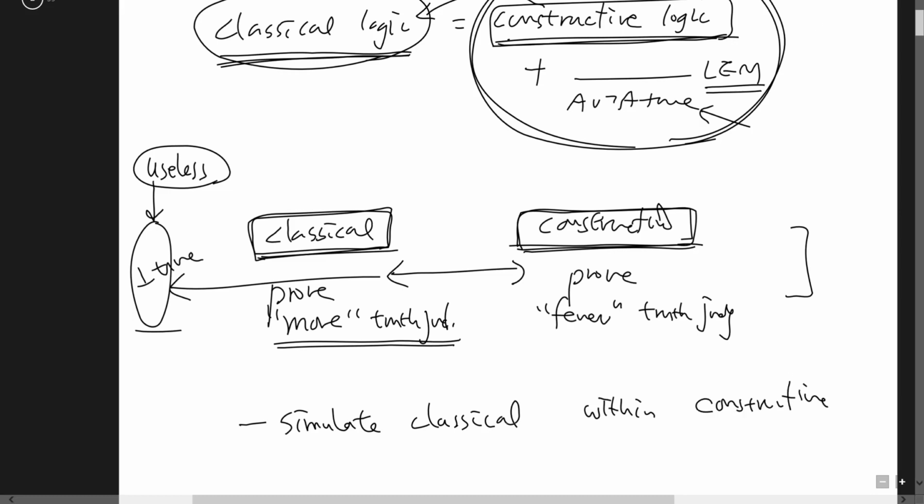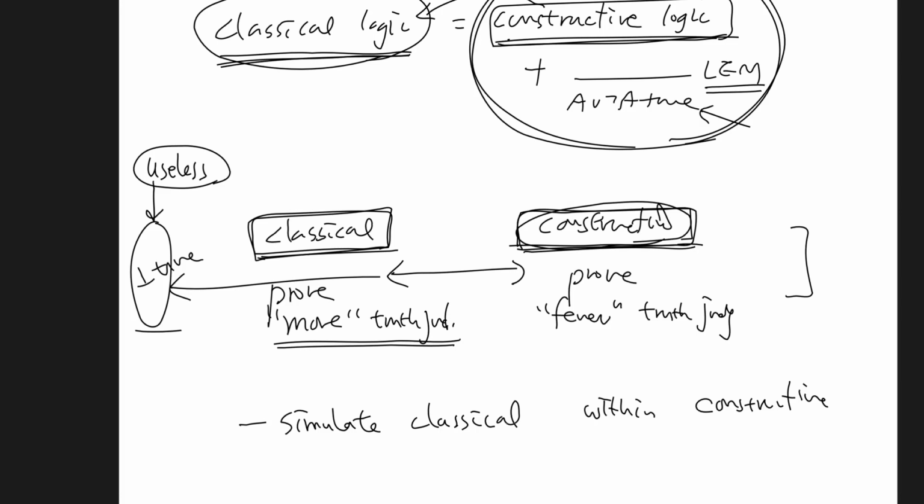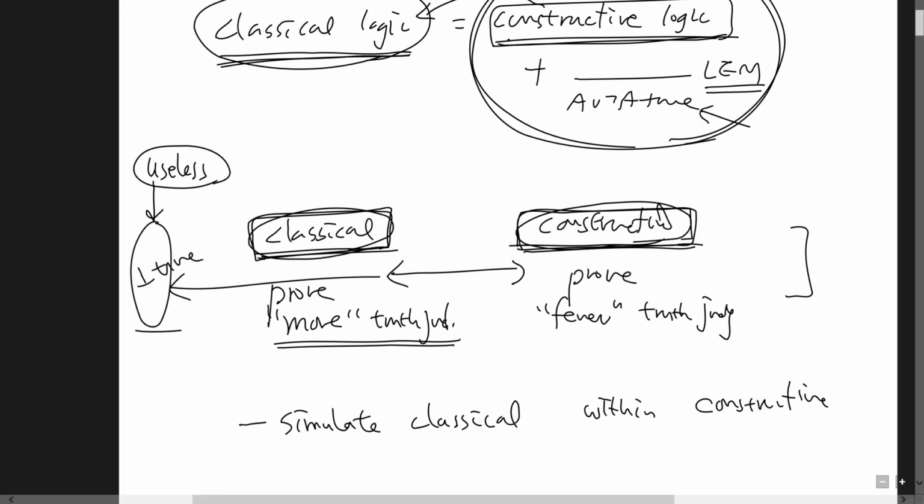In some sense, constructive logic can make a fine distinction between truth and falsehood. In classical logic, we have only two states for every statement: it is either true or false. But in constructive logic, we also consider this middle state.